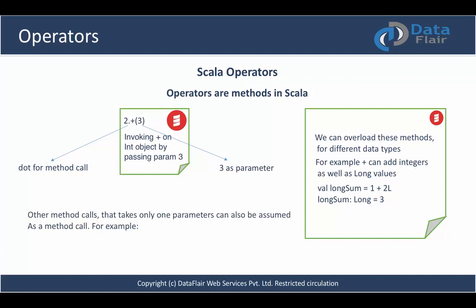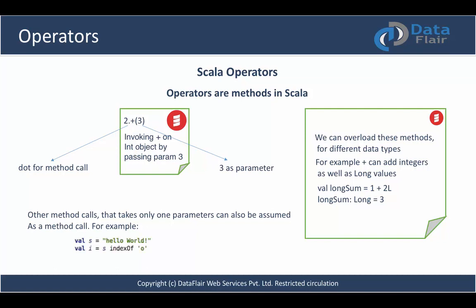If you see, this plus method is taking only one parameter, and that's why we were able to call 1 plus 2L. So it should happen to almost every method in Scala that if it takes a single parameter, then we are able to write it like this.